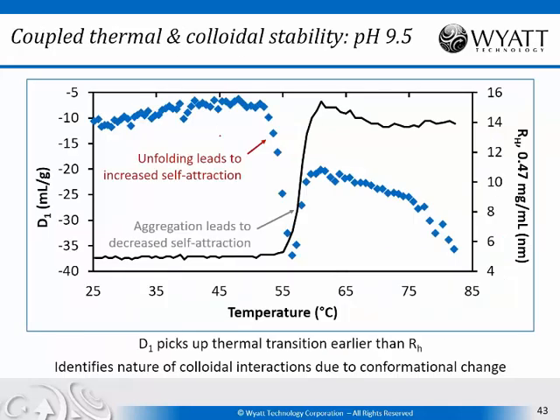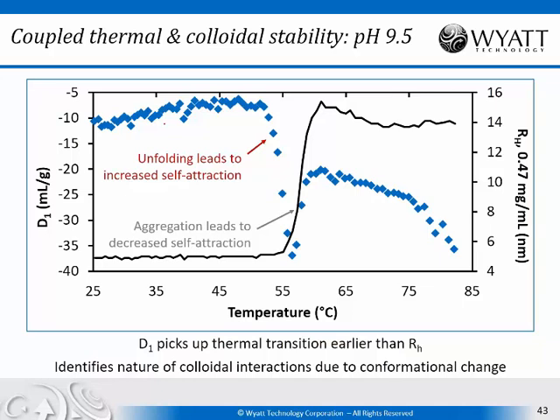Let's get back to the diffusion interaction parameter. As I mentioned, in this example, we loaded a concentration series for each of the different pH values. And so from that concentration series, we can measure D1. And we see that for the pH 9.5, D1 is slightly negative. It's a value of minus 10.